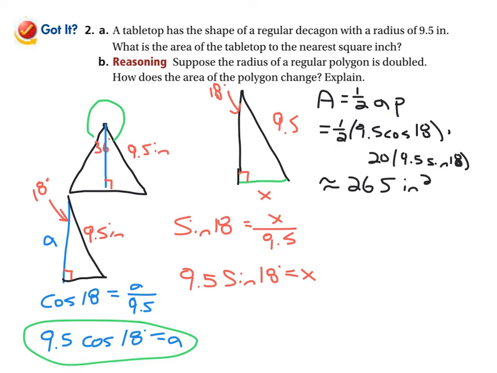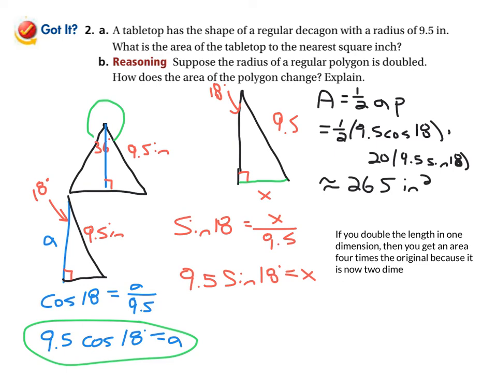Okay, so the answer for that one, and I can type this out, is if you double the length, let's say the distance, or I guess we'll say length in one dimension, then you get an area 4 times the original, because it is now 2 dimensions, so you square the scale factor.